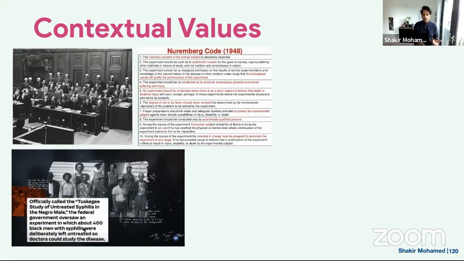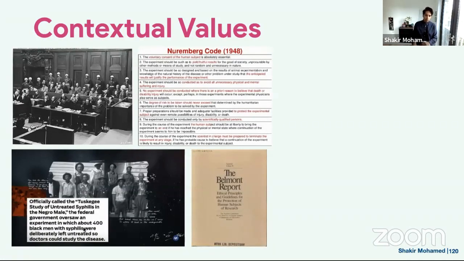The outcome of the discovery of this really horrendous treatment was the Belmont Report. And the Belmont Report today forms one of the bases of our ethical and contextual values. It put forward three principal values for us all to think about in our research.